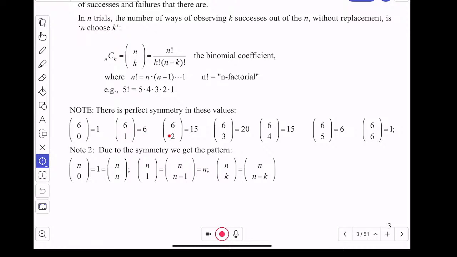But the binomial coefficient has perfect symmetry always. The thing that will make the binomial distribution non-symmetric, or asymmetric, will be the value of p.